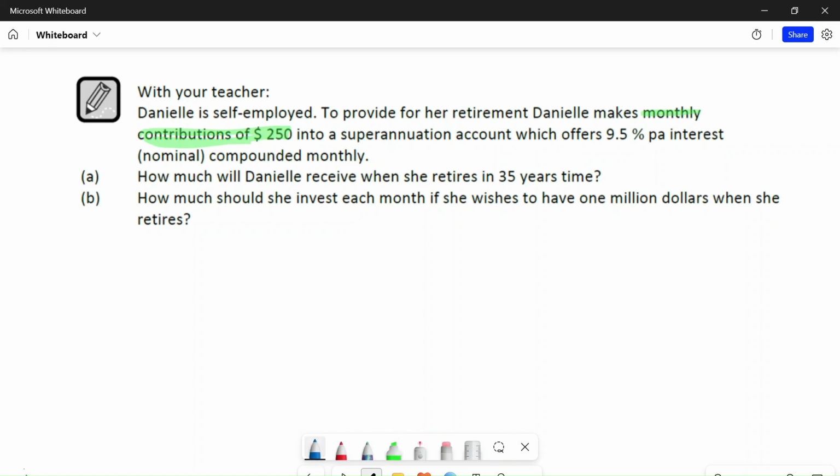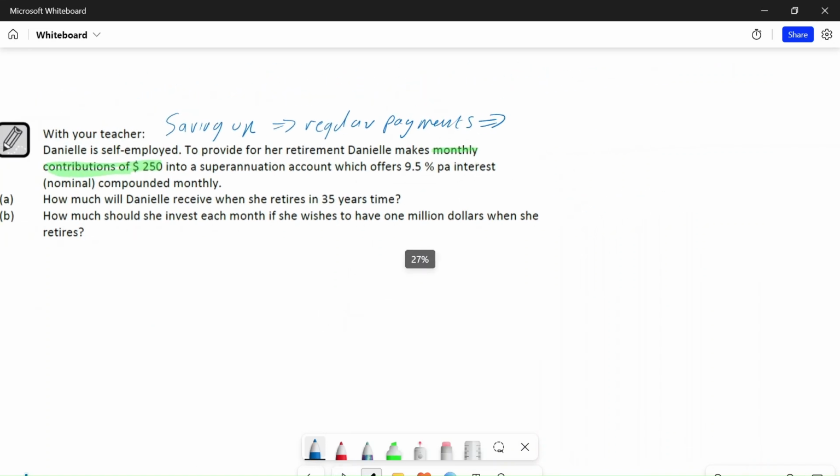So when we're saving up and we've got regular payments, that means we've got an annuity in advance. Okay, important to remember that.